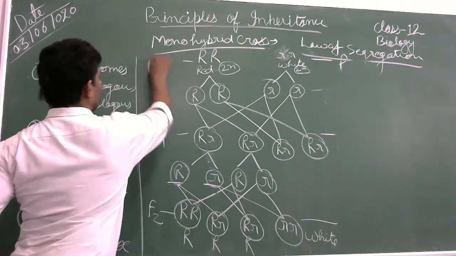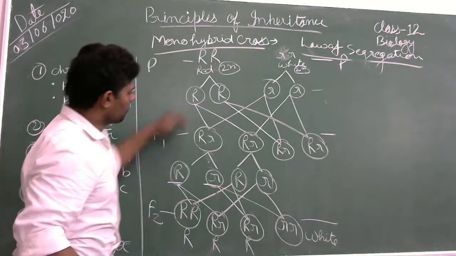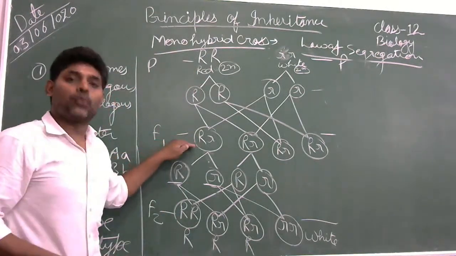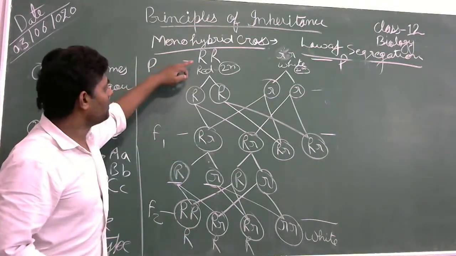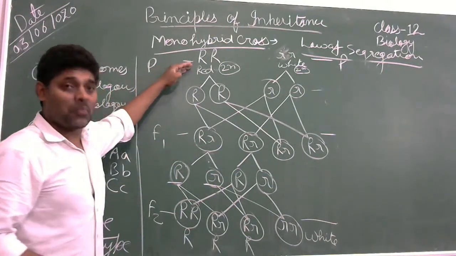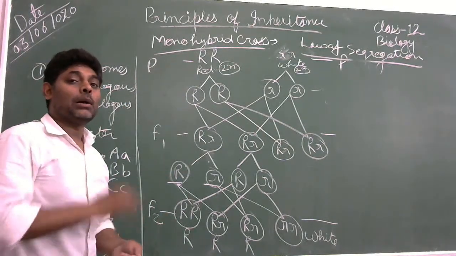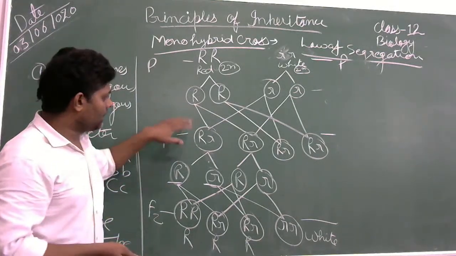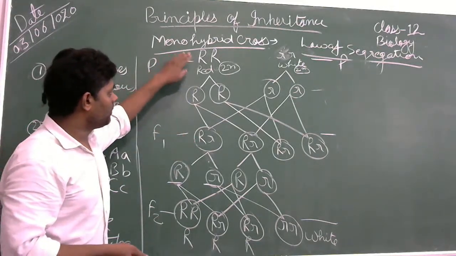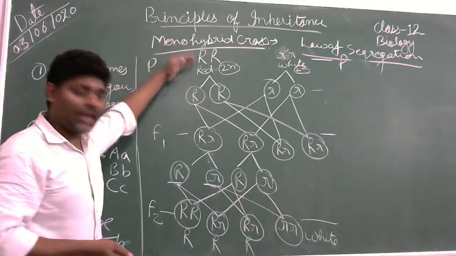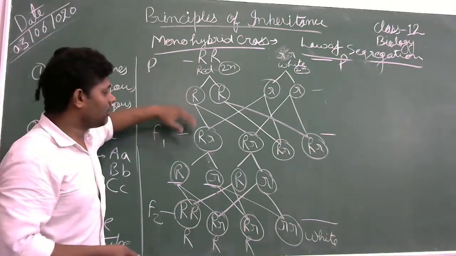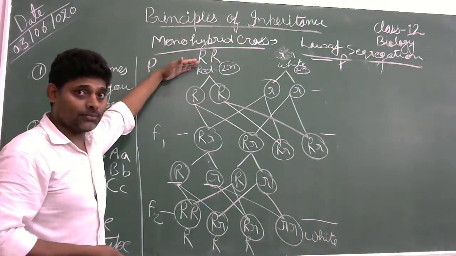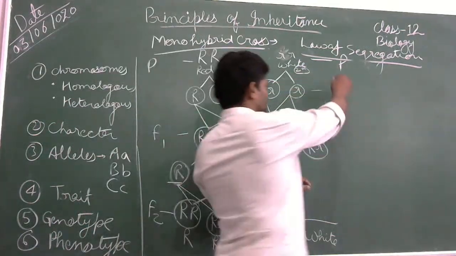Now, what about the back cross? It means if the F1 generation progeny is crossed with the parental generation, then it is termed as the back cross, meaning progeny cross with the parents. Okay? So what are we getting?